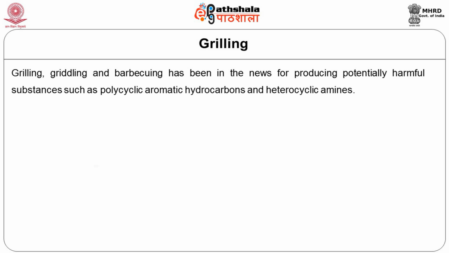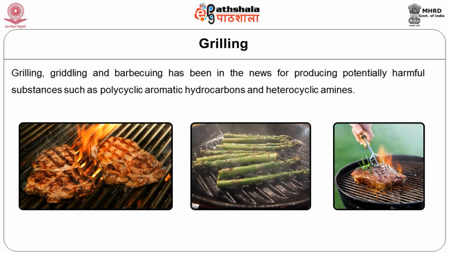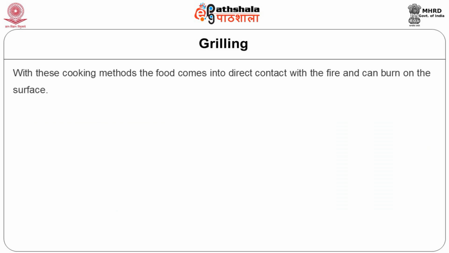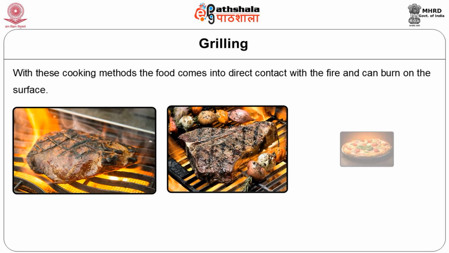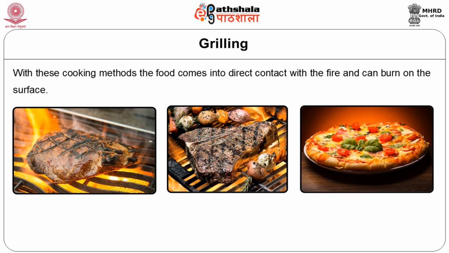Excessively high temperatures are the main cause of this, and different areas of the same grill can vary dramatically in temperature. With these cooking methods, the food comes into direct contact with the fire and can burn on the surface. A classic example is barbecued meat cooked over a flame or pizza baked in a wood-fired oven. In such cases, the burnt parts may contain harmful substances.